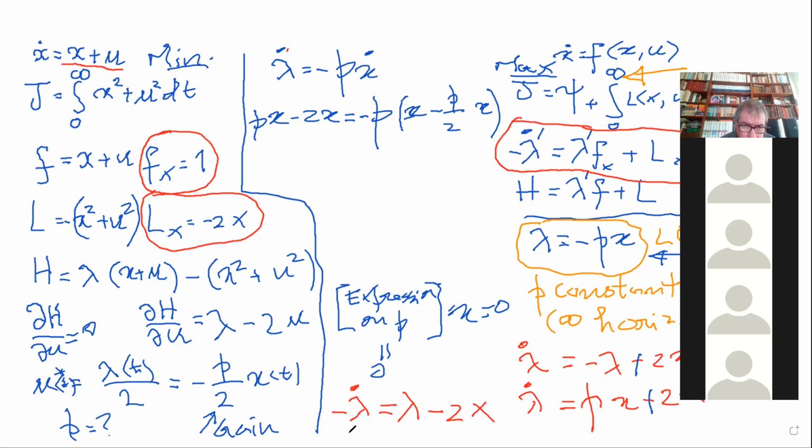So this is lambda dot equals minus lambda plus 2x, and minus lambda is px and 2x. So this becomes px plus 2x. Just copy.